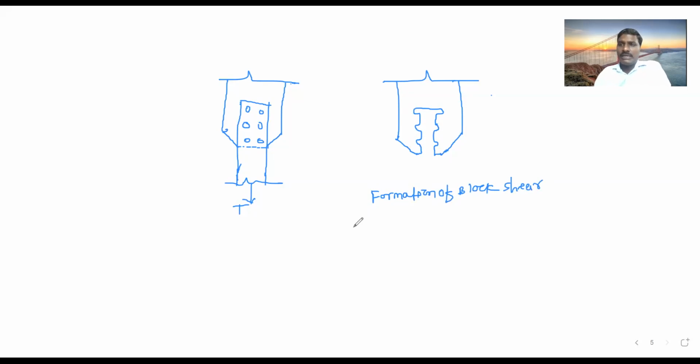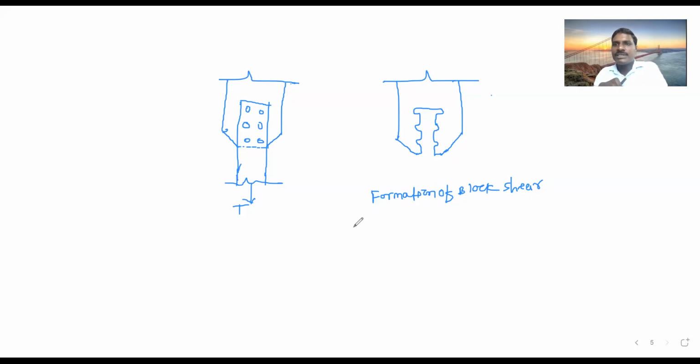So we have seen three modes of failure. First is the failure due to yielding of cross section. Second, failure due to rupture of critical or net section. And third, failure due to block shear. For yielding of cross section, we have seen the design strength.